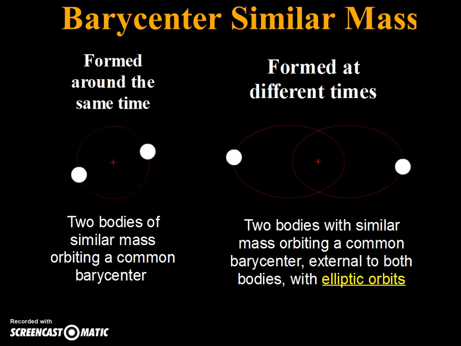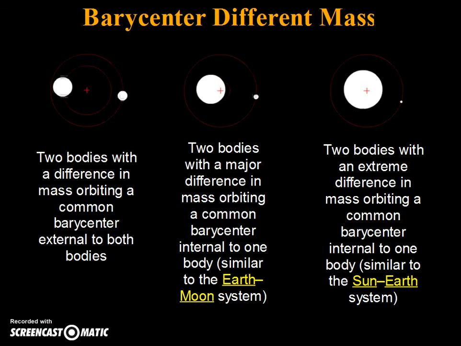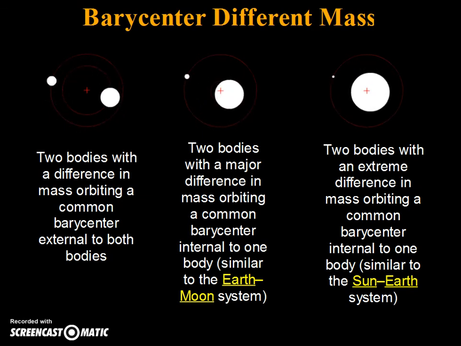But if they have a similar mass, but they are formed different times, then they're going to orbit on their own in that ellipse. So what would that tell you about all of our planets in comparison to the sun? They were all formed at different times. So different masses if we have a barycenter.